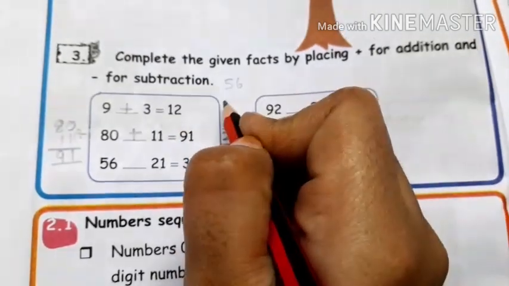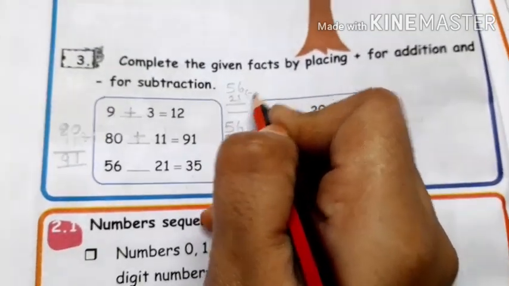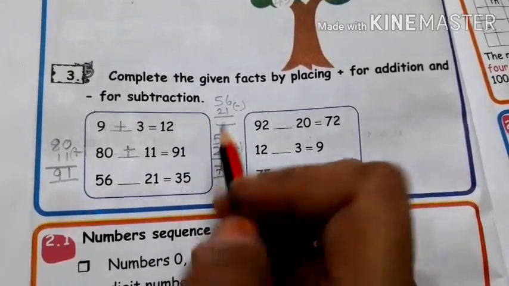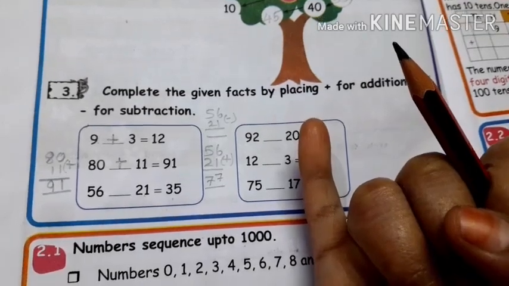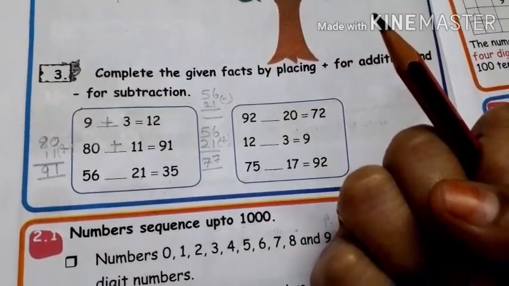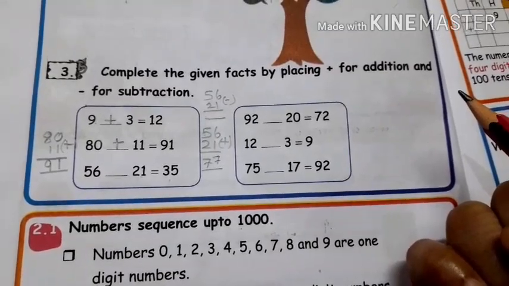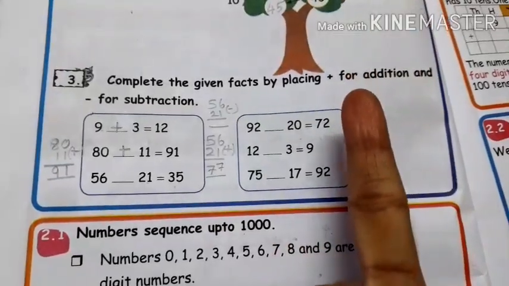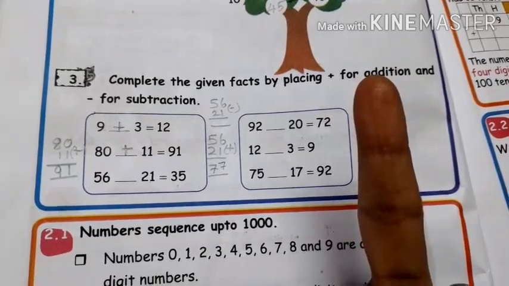56, 21. Subtract it. Minus. So 6 minus 1. 6 in the mind, 1 on the finger. Before 6, 5. You have learned this in second standard itself, no? Subtraction. 6 in the mind, 1 on the finger. Before 6, what comes?